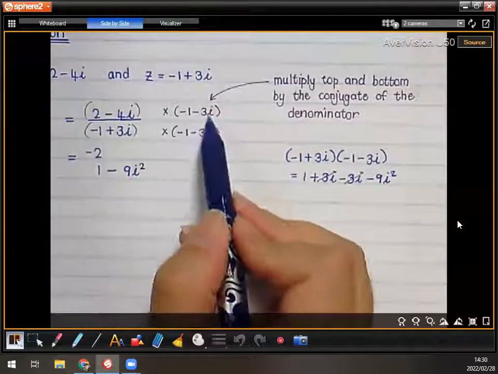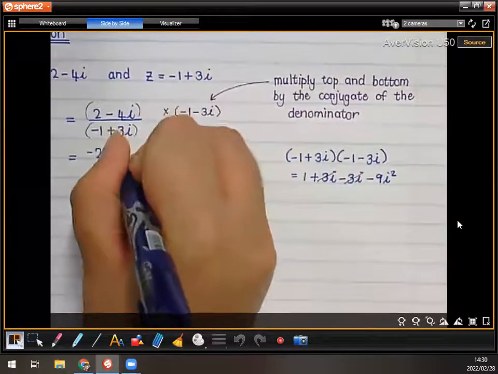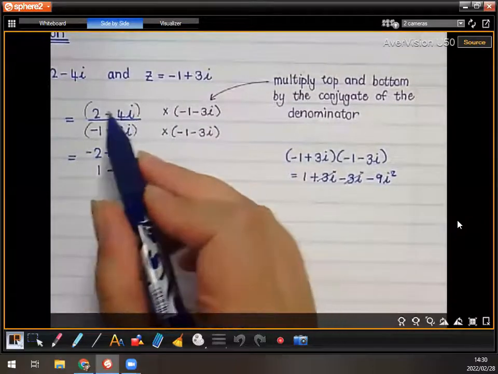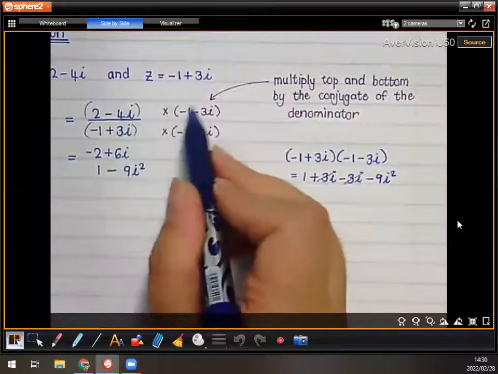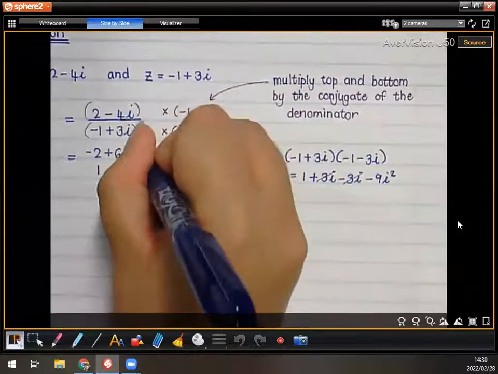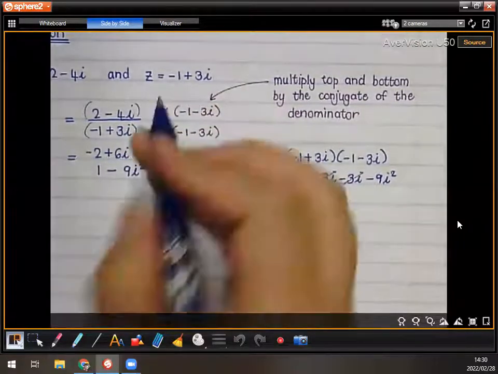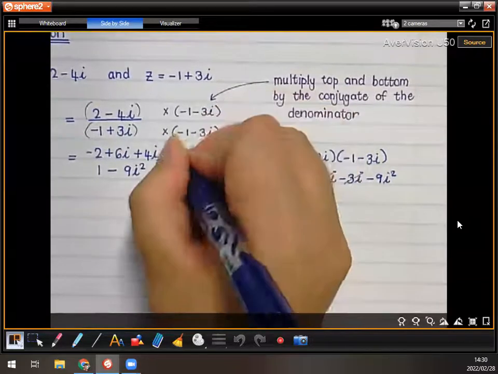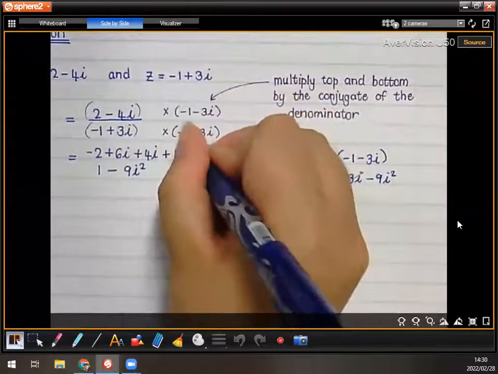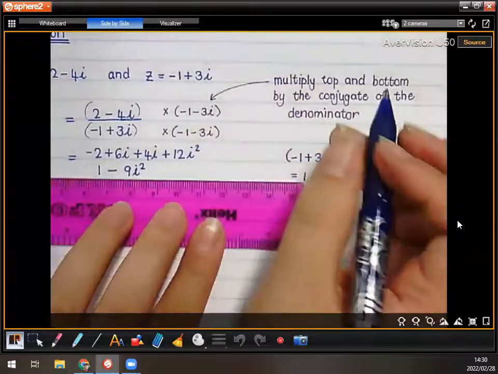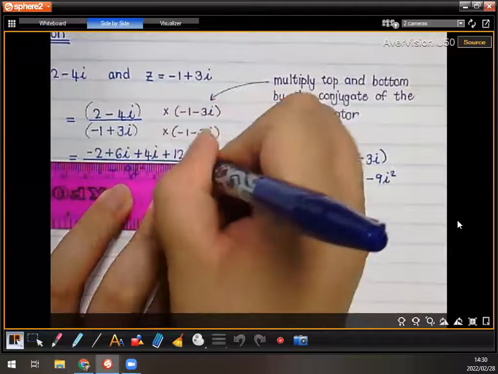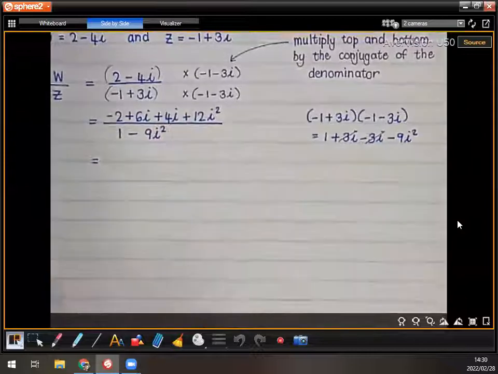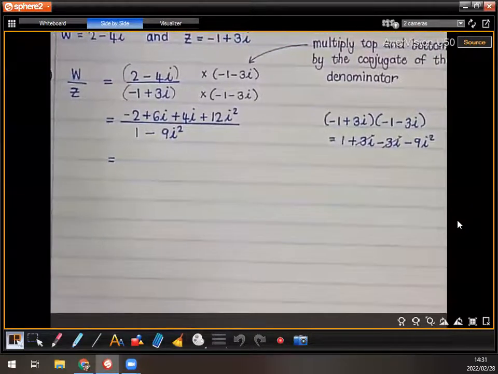After that, 2 times -3i is +6i. -4i times -1 is +4i. And now when we do our last, negative times a negative is a positive. 4 times 3 is 12. And i times i is i squared. I'm sensing that you guys want to skip the step where you're writing i squared. That's okay, but you might be setting up a trap for yourself, okay? Because with lots of signs and stuff, just rather write it down.